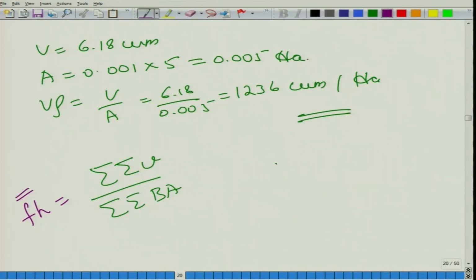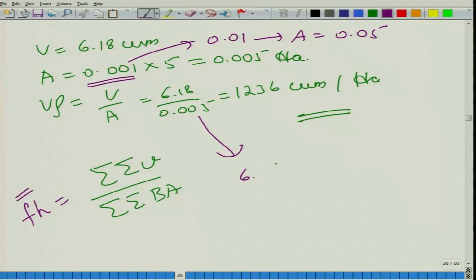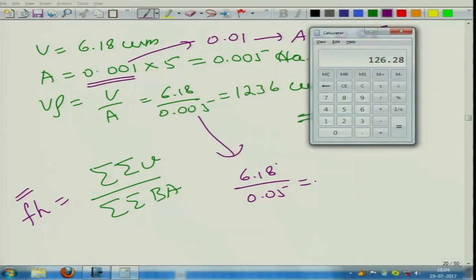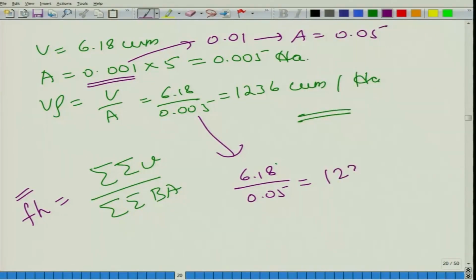Now remember that in the previous question we had computed the same thing. So here we had the area of a sample plot as 0.001. So if we use the value of this question, 0.01, then we will have area equal to 0.05, and we will have this volume figure as 6.818 by 0.05, that will be 123.6.